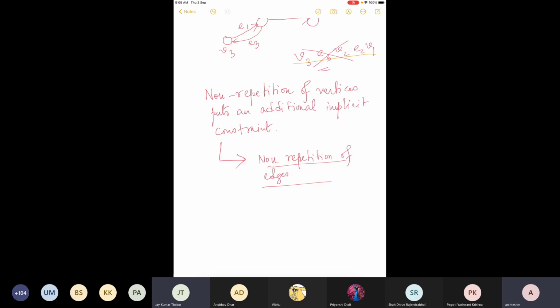In walk, vertices and edges are all repeated. You have forgotten the definition of walk. In open walk, all vertices and edges can be repeated, only the endpoints are not the same. Okay, sir.